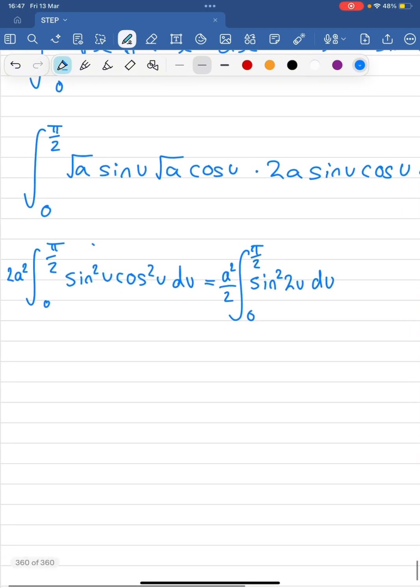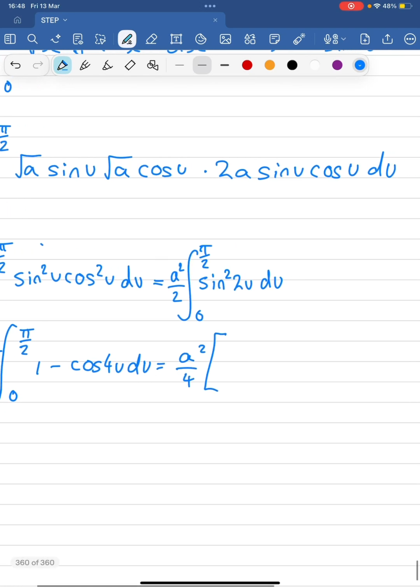And then that's just going to be a squared over 2 times 1 minus cos 4u over 2, so I can change that to a 4. And then 1 minus cos 4u du, which is just a squared over 4 times u minus sine 4u over 4, between pi over 2 and 0.